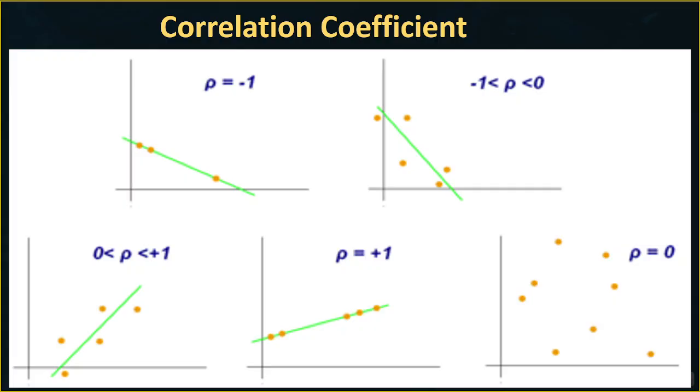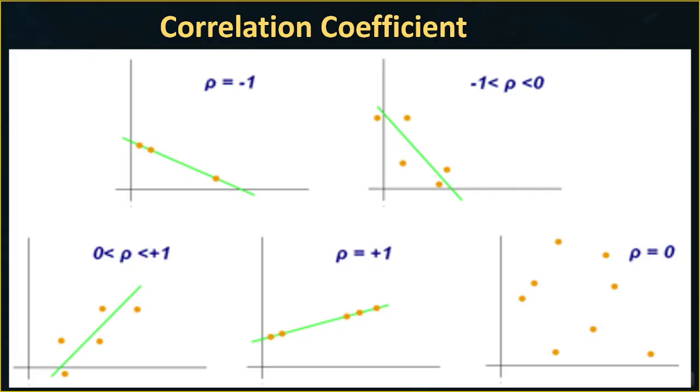If the value of P, that's correlation, is -1, it shows that there is a perfect negative correlation. But if the value is +1, that's a perfectly positive correlation. If the value is between 0 and +1, that's a positive correlation.